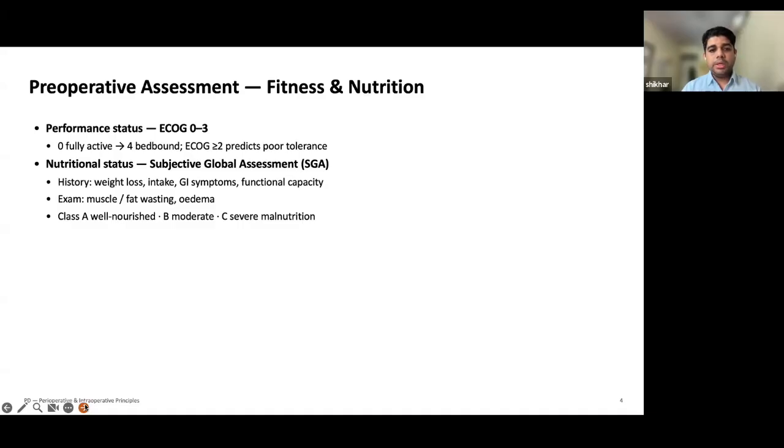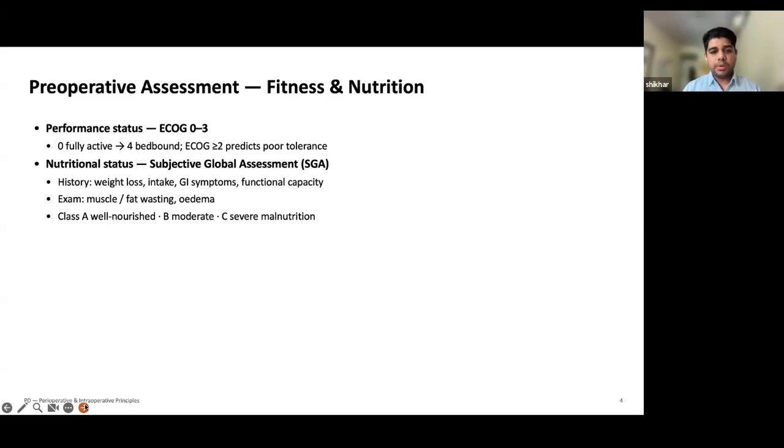Similarly, for nutritional status there are a lot of parameters by which we can assess the patient, and one of them is the subjective global assessment, in which we take the history of weight loss, especially more than 10% weight loss in the last 6 months, or more than 5% weight loss in the last 1 month, dietary intake in the last 2 to 3 weeks, GI symptoms for more than 2 weeks, and functional capacity.